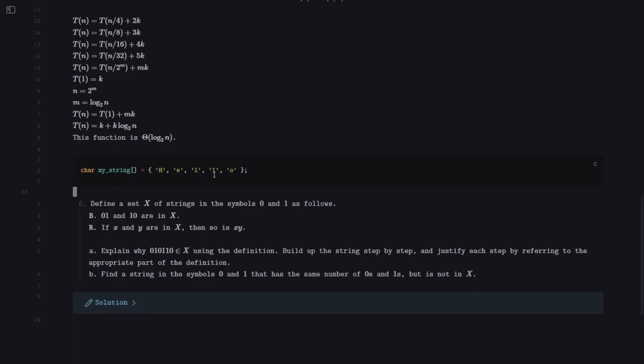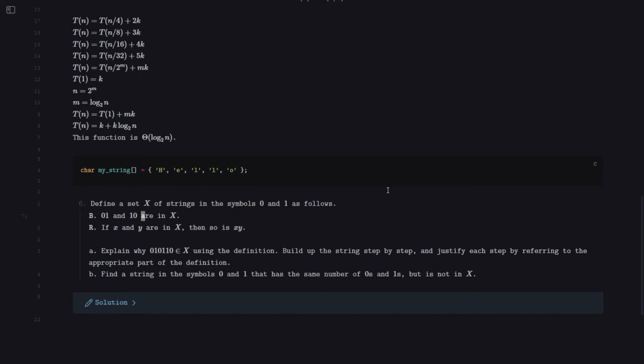Now the base case is that you have two strings in X: 0 1, so 0 followed by a 1, and 1 0, which is a 1 followed by 0. Don't confuse these with the actual numbers 1 and 10. These are very different things. Now, if x and y are in this set, so is xy. So we started with these two, and we're going to add more elements to the set according to the recursive step.